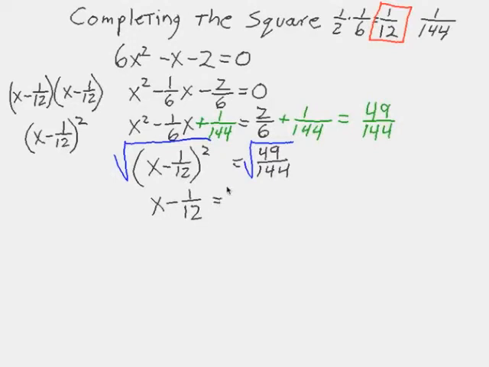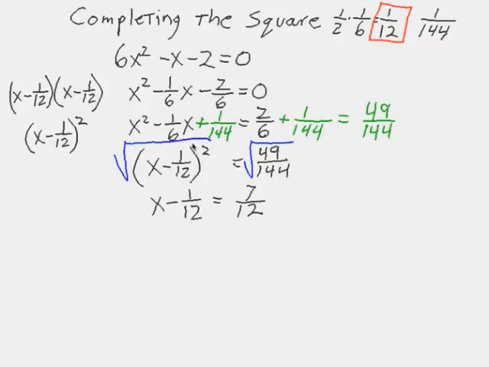And it's equal to the square root of this. Now remember that with the square root of a fraction, I could do square root of the numerator over square root of the denominator. Well, 49 and 144 are both perfect square numbers. So this ends up being 7 over 12.